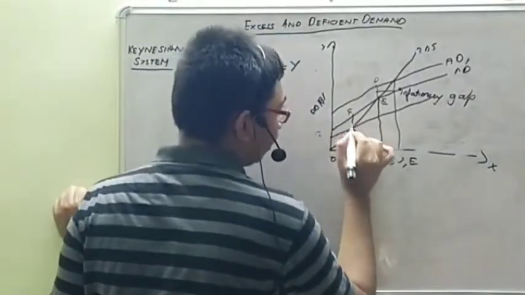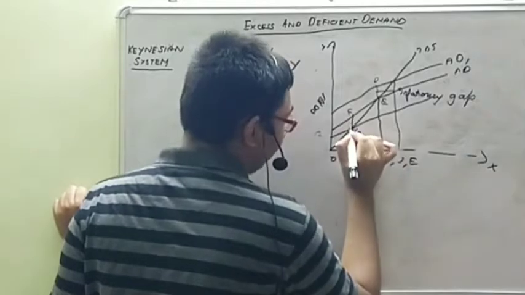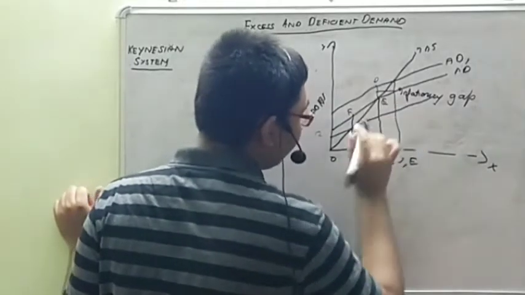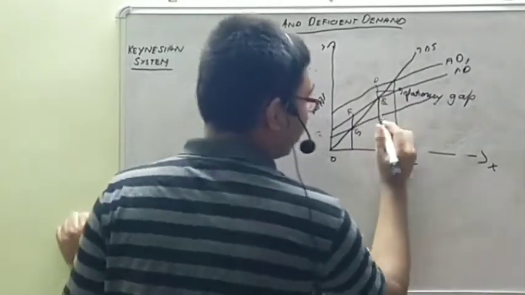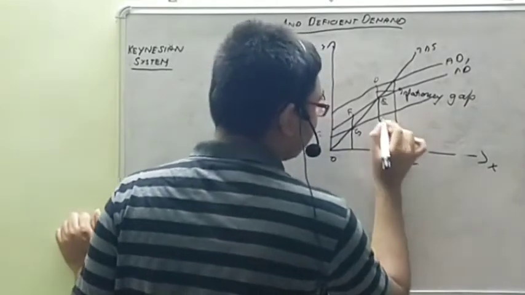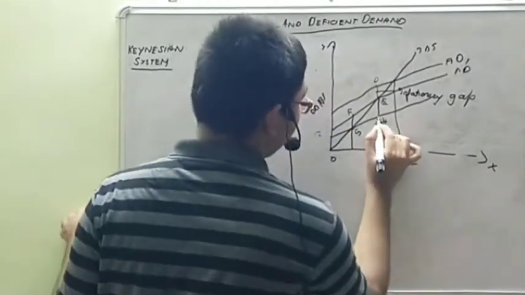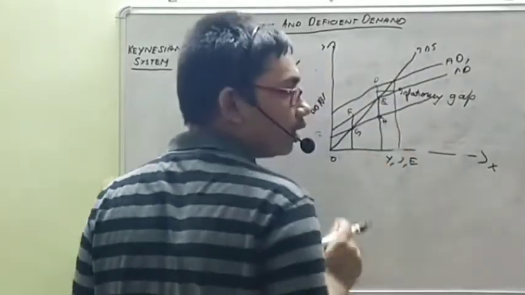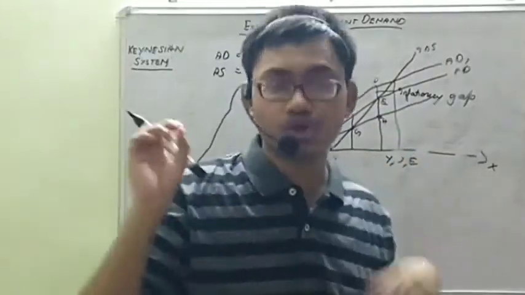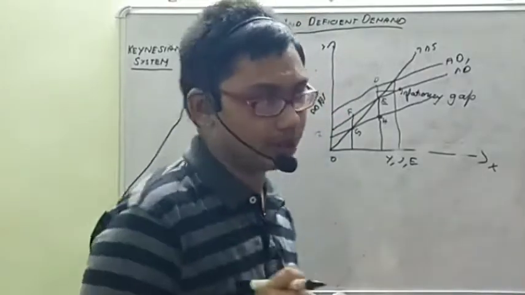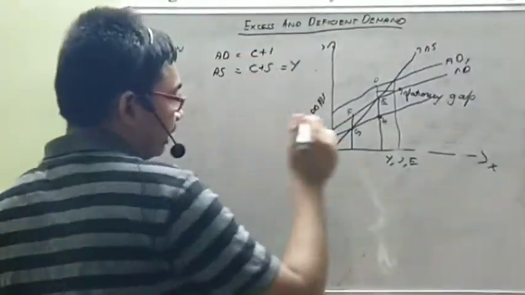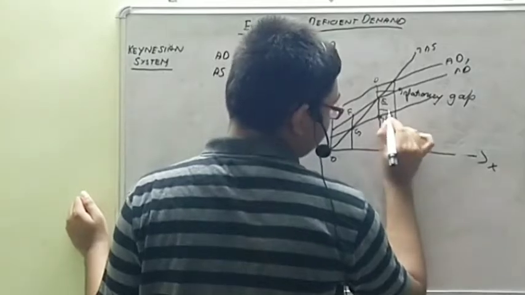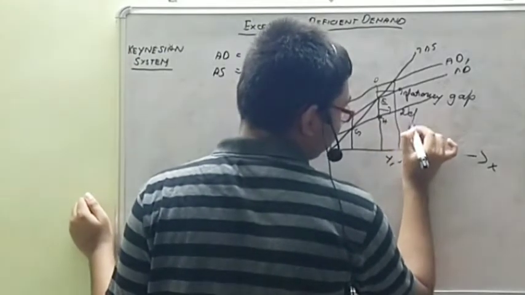Let's take G, and let's take this as H. The demand at the full employment level of equilibrium is by far lesser than the aggregate demand that should be in order to attain equilibrium. So this gap, EH, is called deflationary gap.